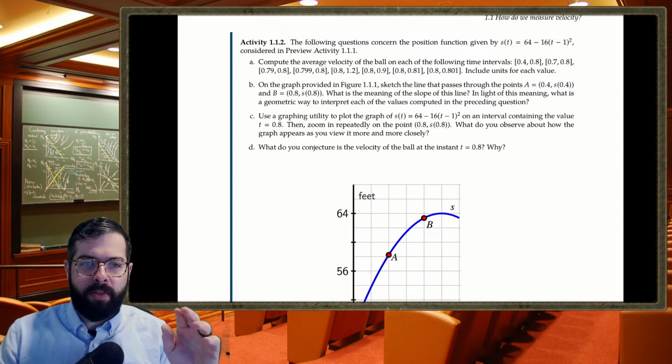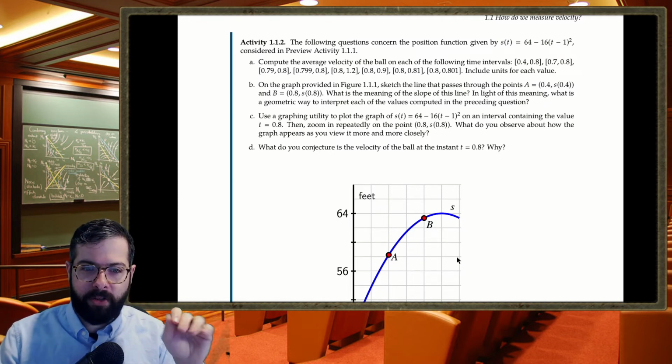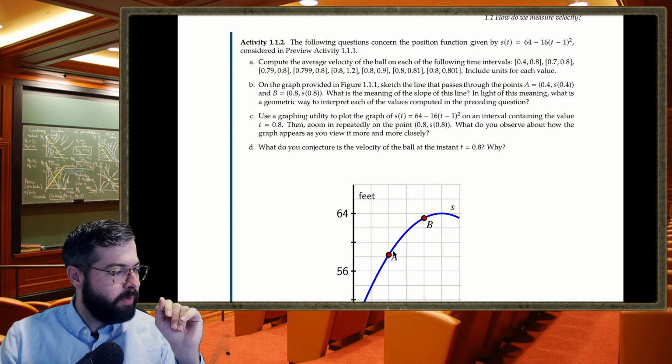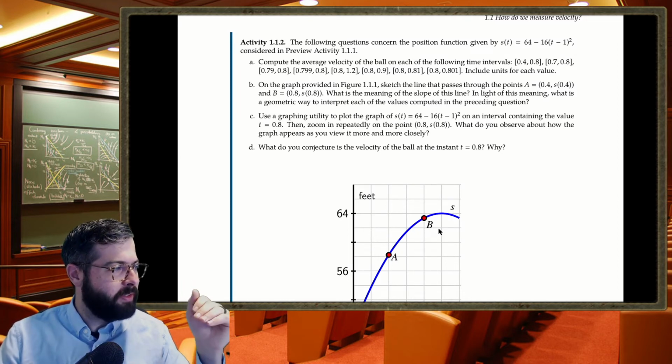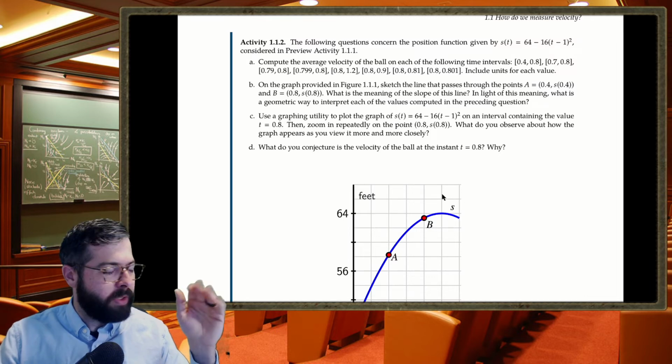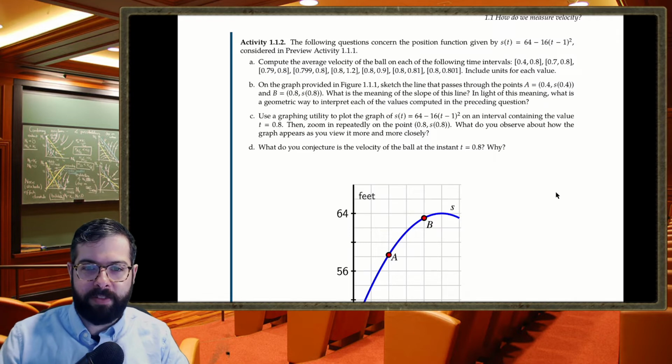And so then on part B, we're going to look at this particular set of points from point A to point B. What is the slope between these two, and what does this mean? And then we'll keep going from there. But first, I'm going to give you 5-10 minutes to go through and compute these average rates of change to get used to this.